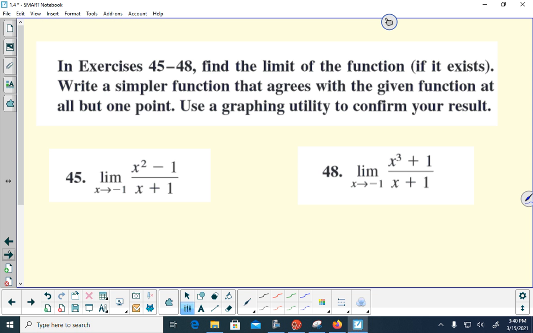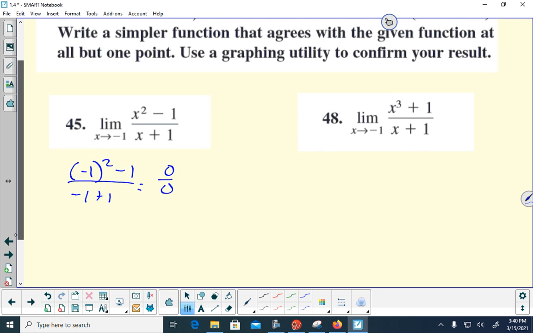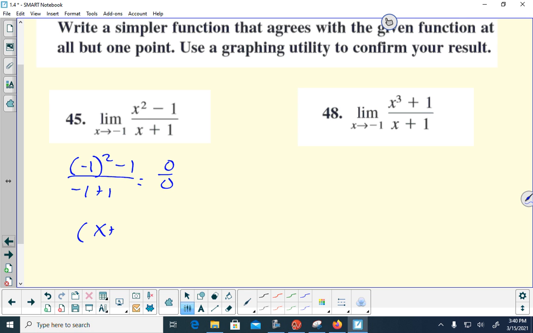Next one, find the limit of the function. If it exists, write a function that agrees with the given function at all but one point. So when I did number 45, I'm actually going to do this in opposite order. When I go to put in -1, I have -1 squared minus 1 over -1 plus 1. And now I end up with 0 over 0, which tells me I can simplify. The numerator factors as x plus 1, x minus 1. The denominator is x plus 1.